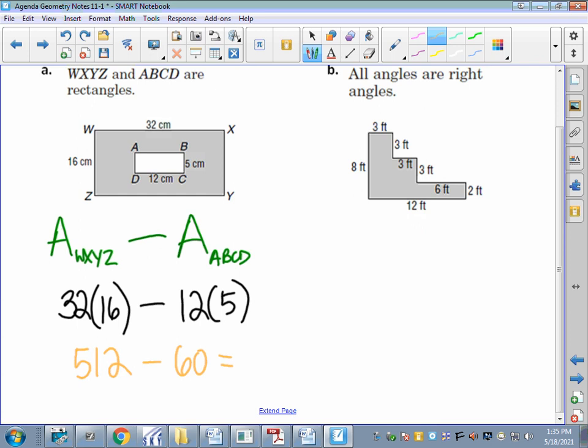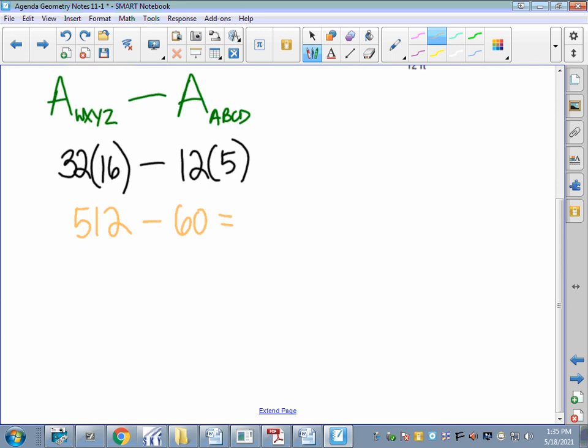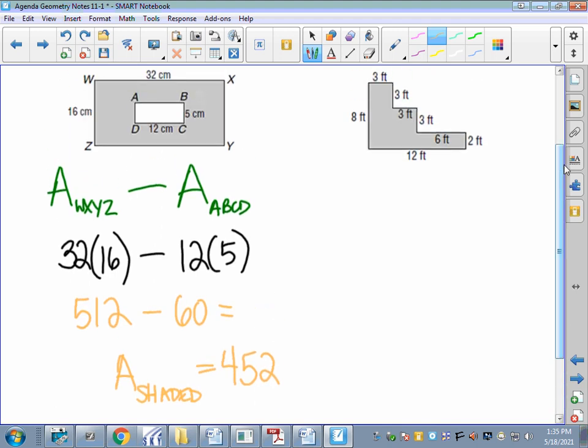So our area of the shaded region is going to be 452. And if I were being technical and putting units on it, it would be centimeters squared.